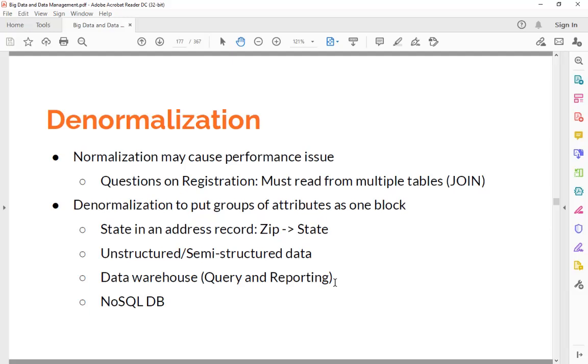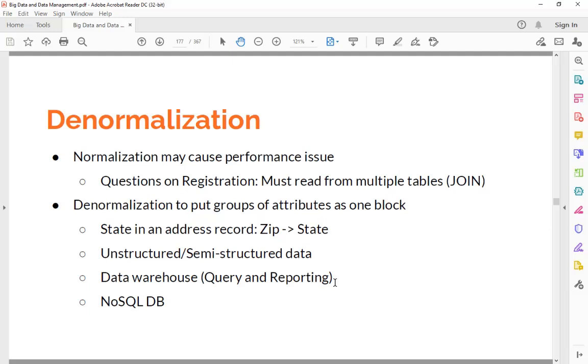Then why do we want to still break it up into two tables, suffer the performance hit when reading, just for those two trivial concerns? The two concerns that are already proven to be trivial. So there's no need to do that. That's why when you look at the address design, usually people will just put zip code and state together in the address table, although state is functionally dependent on a non-key column.